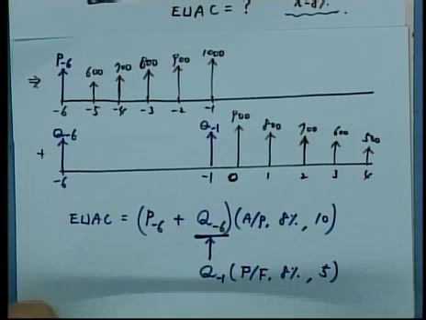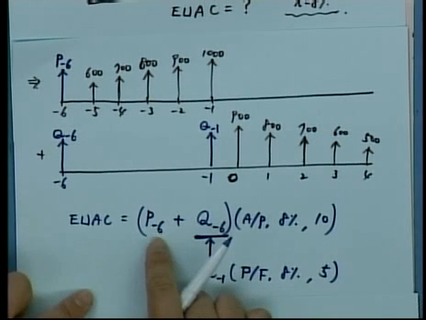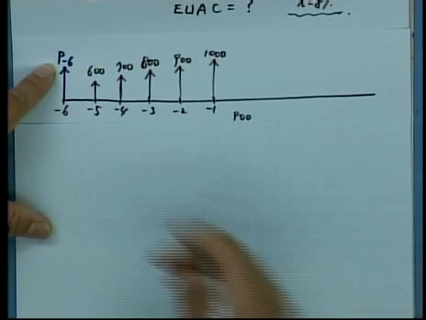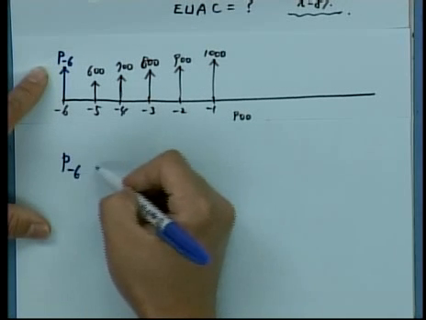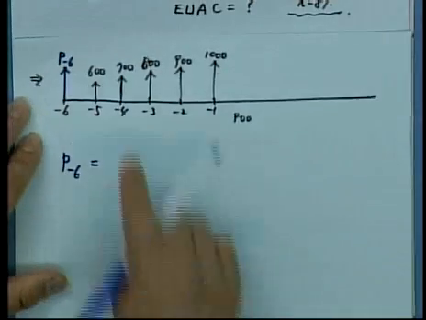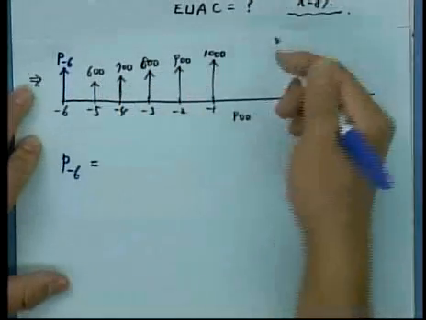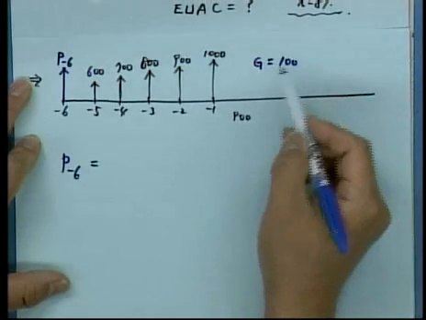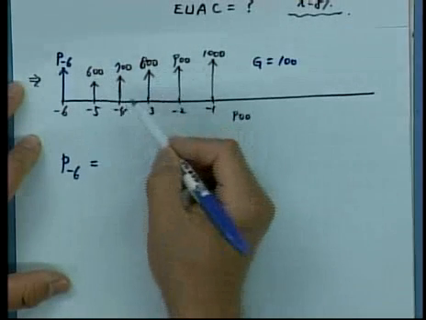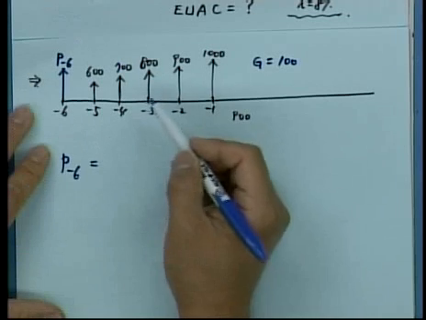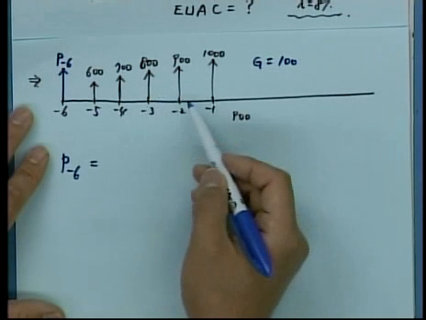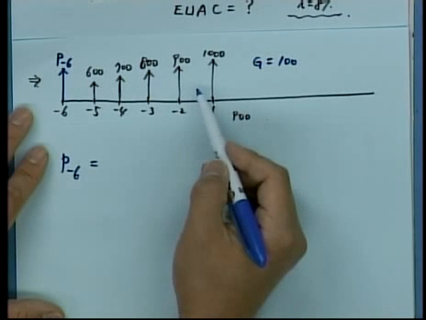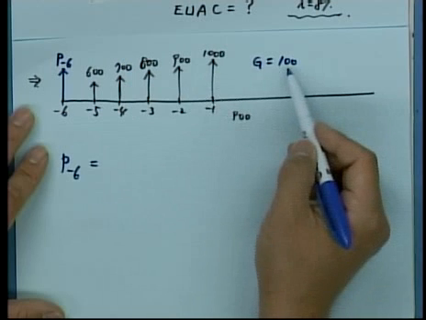So first, how to calculate P sub negative 6 up here. Here, the period by period change amount is 100. Okay? So this cash flow can be broken down to the uniform series of 600 plus the arithmetic gradient series of 100.